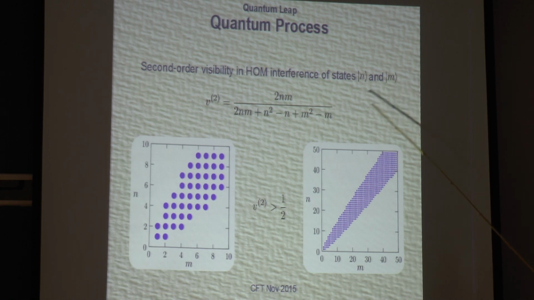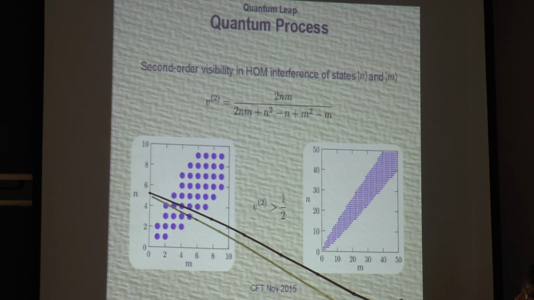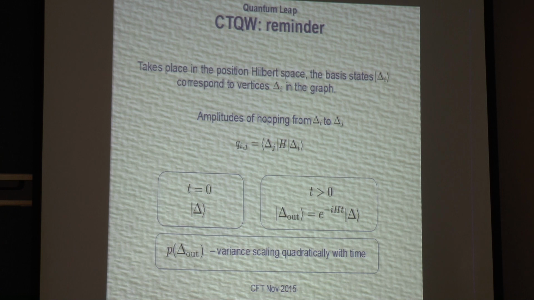As I said, Hong-Ou-Mandel interference for two interfering Fock states can be an inherently quantum process, and these graphs show for which configurations between two fixed numbers of photons I am achieving purely quantum contrast.